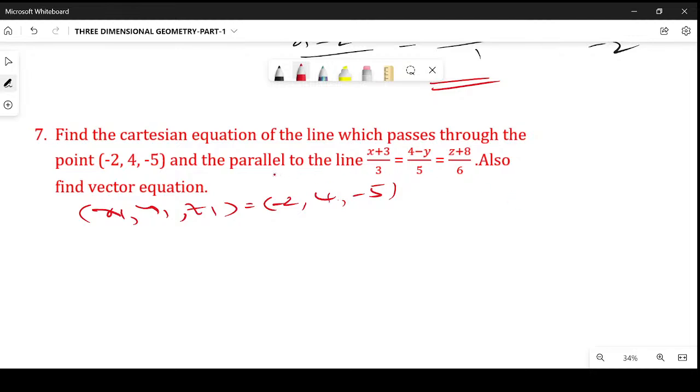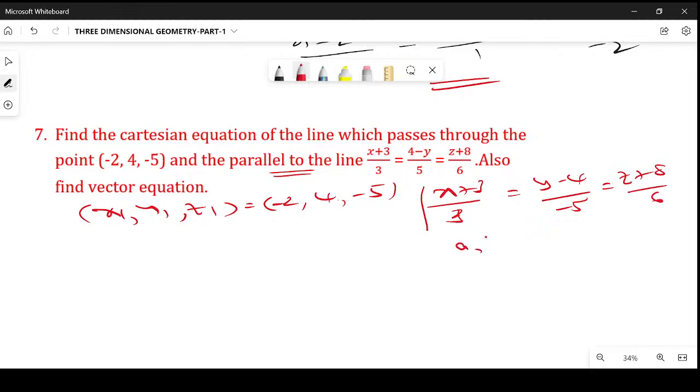But parallel to the line means automatically the required line and the given line have parallel, means same direction ratios. Direction should be same. What is the direction ratio? But you should write in the standard form. This equation x plus 3 by 3, but this 4 minus y by 5. Write the standard, take minus common. If you take minus common, you can write this y minus 4 by minus 5 equal to z plus 8 by 6.